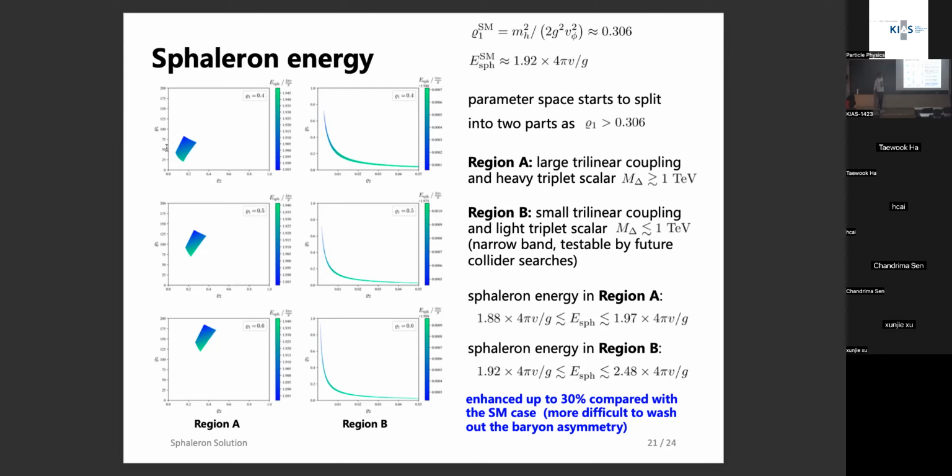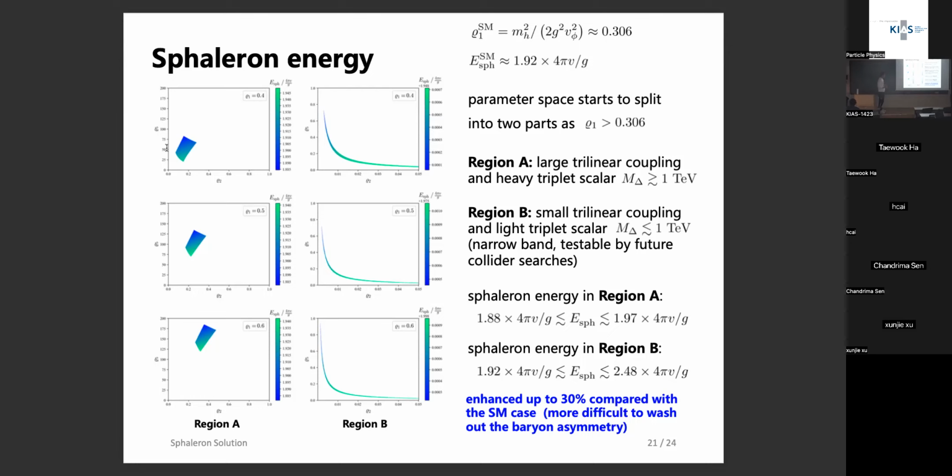And in this region B, the allowed region is restricted to very narrow bounds, which can be tested by future collider searches. And we find the Sphaleron energy in region A and in region B reside in this region.